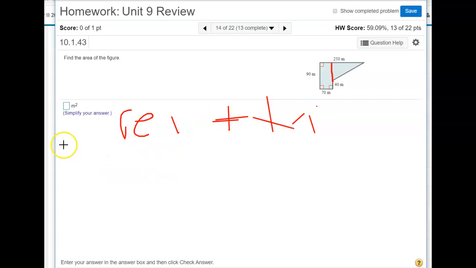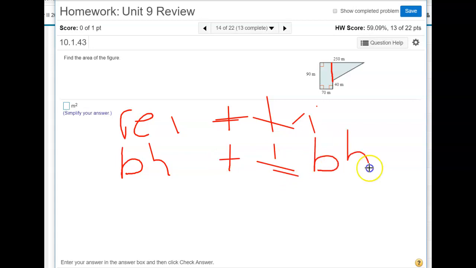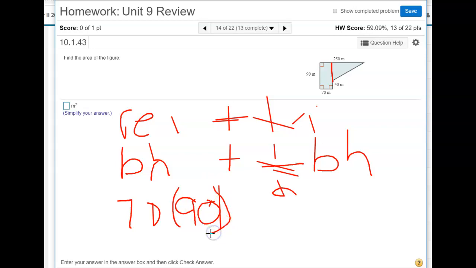So that means we have base times height plus 1/2 base times height. So the base and height of that rectangle, I see a base of 70 and I see a height of 90. When I multiply those together, I get 6,300.